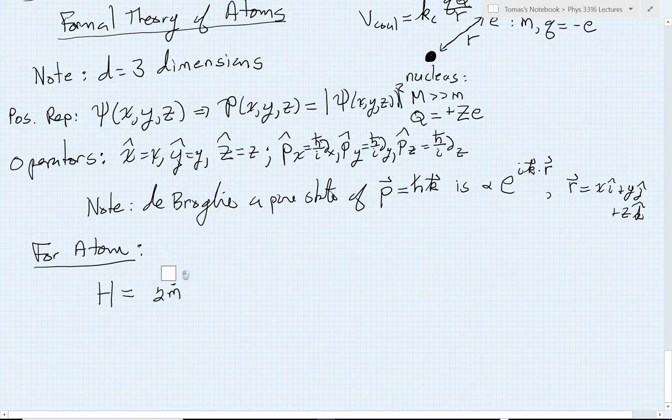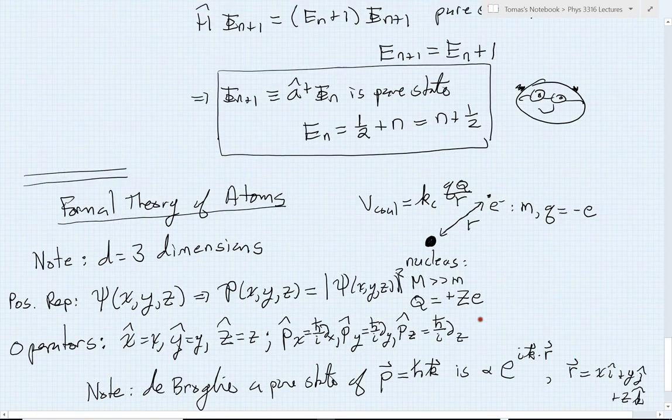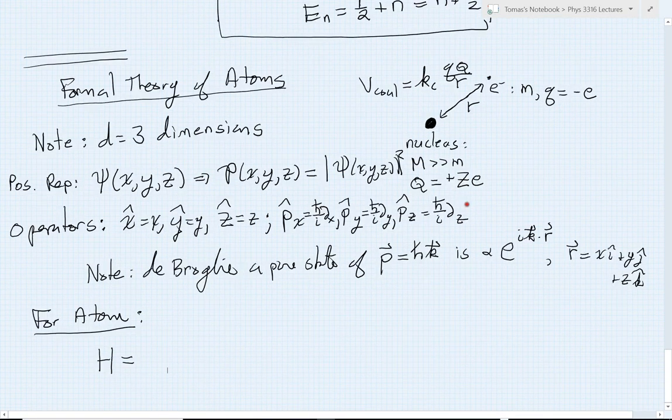One comment I really want to make on this problem, which I should have made a little bit earlier. My nucleus, notice, here I'm going to put a little line here so we don't get confused. The nucleus is very heavy, right? Because it has a much larger mass, much like the sun at the center of the solar system, when we analyze the orbits of the planets, we really ignore the fact that the sun is moving also.